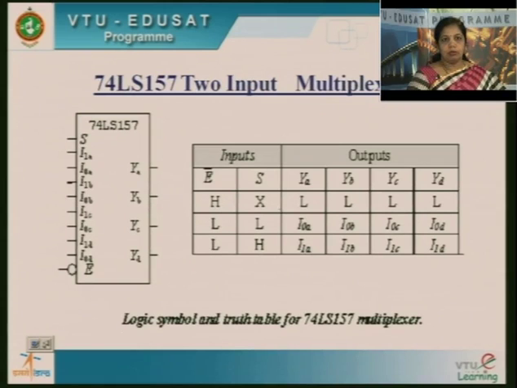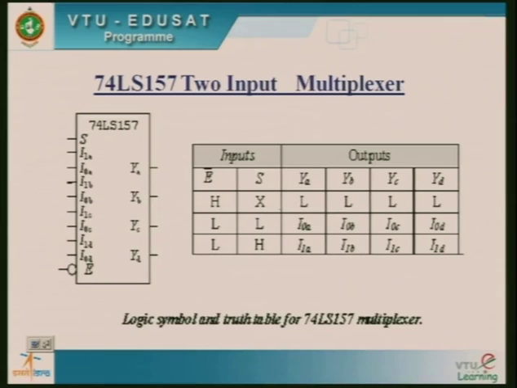So this is one IC. So you will get IC 74LS157, which is a 2 input multiplexer. So once again you can just see over here we have multiple inputs with 2 sets of combinations, I0A, I1A, I1B, I0B.